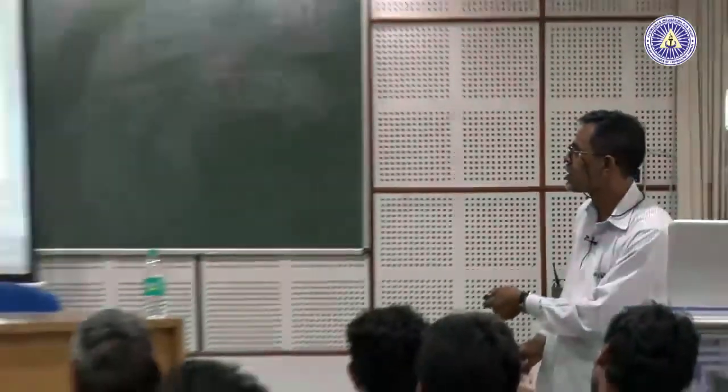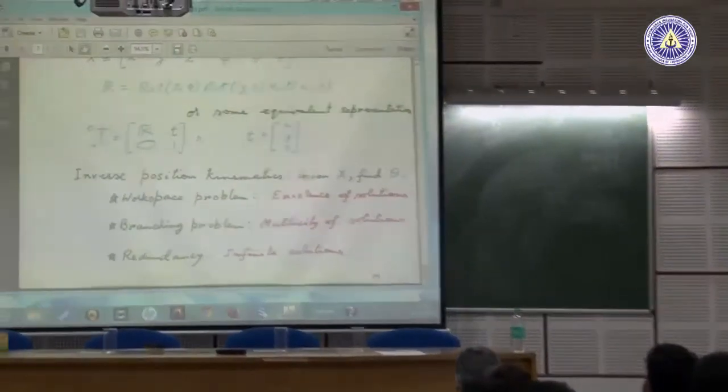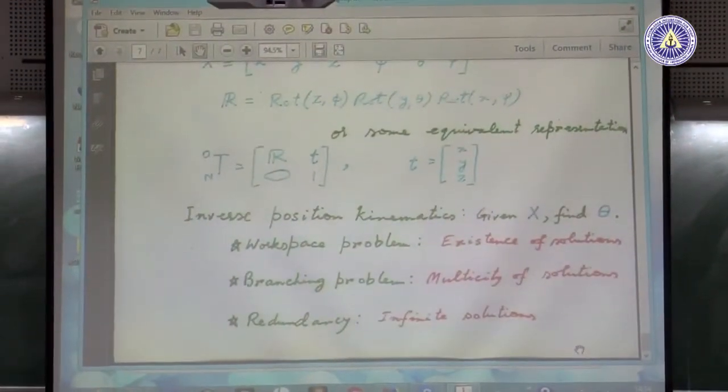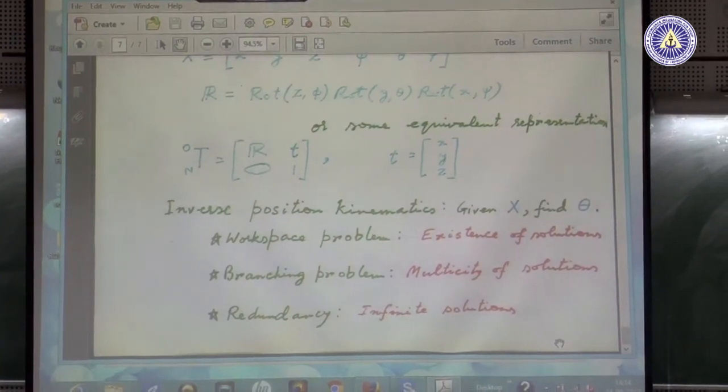Solution may or may not exist. If it exists, then it can be multiple. And then there is a problem of selecting the correct solution. And there is yet another problem, which is in a way not much of a problem, it is a facility, but in another way it is a great problem.